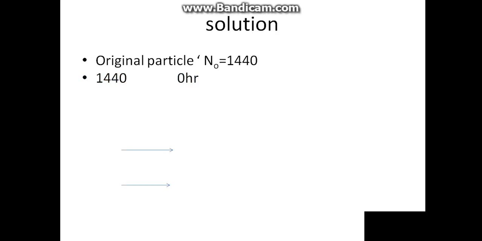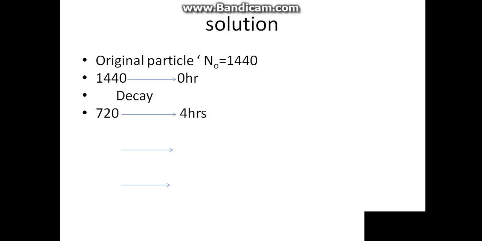Solution. The original particle count N0 is equal to 1,440. At 0 hours, nothing has decayed. Half of 1,440 will decay in 4 hours, and half of 1,440 is 720.